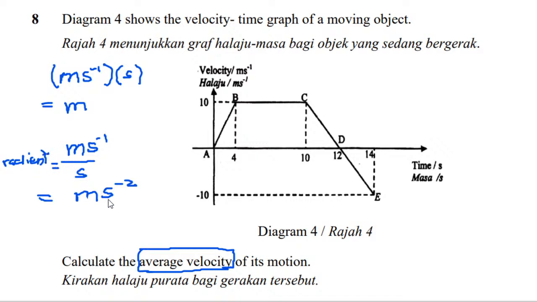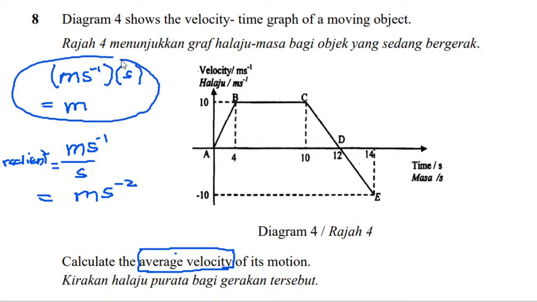So the gradient of the graph is actually the acceleration. Since the question is asking about average velocity, you need to calculate the total displacement divided by total time. So not the gradient, it will be the area.